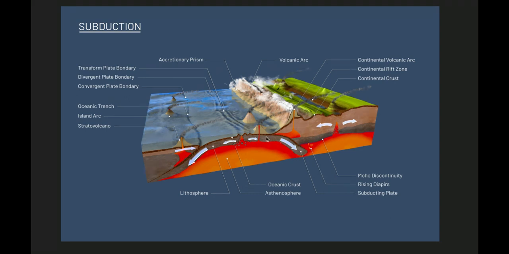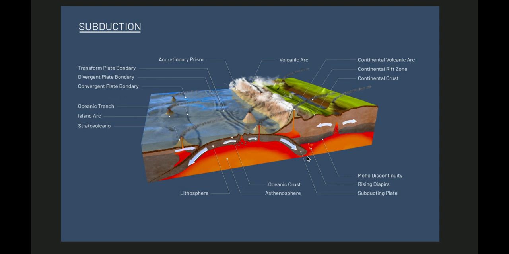So guess what happens? What do we know about temperatures down here in the mantle? Crazy hot. So what's going to happen when this crust gets forced back down? It's going to melt.